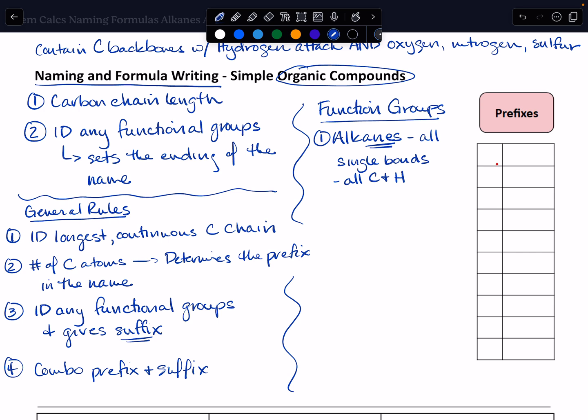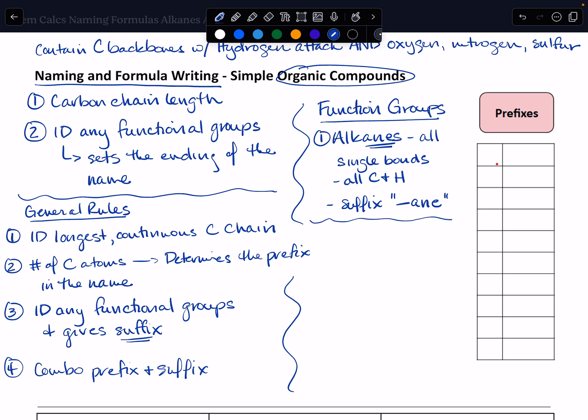All right, there are alkanes that can be what's called substituted, all right, but we are not going to be looking at those. We're going to stick with the simplest version. All right, so the suffix here is going to be ane. All right, so if you have a name and it ends in ane, then you know it's an alkane.